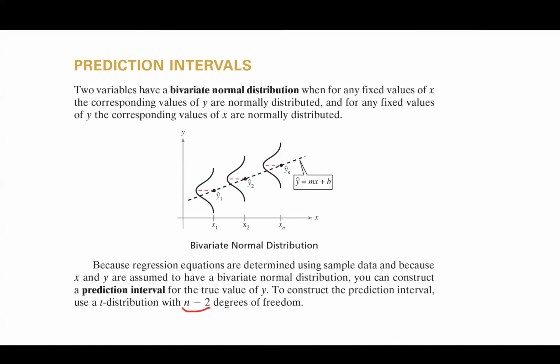Again, two variables have a bivariate normal distribution when for any fixed values of x, the corresponding values of y are normally distributed, and for any fixed values of y, the corresponding values of x are also normally distributed. So let's begin.